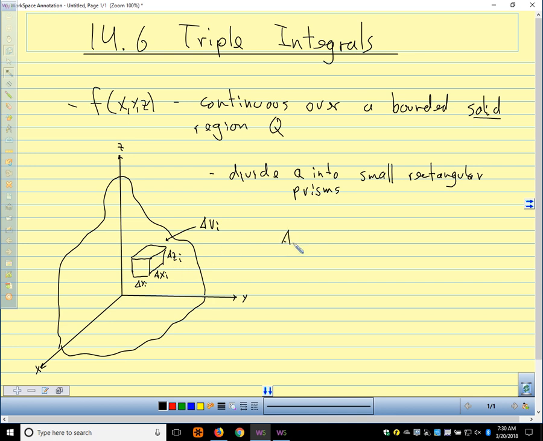So delta V sub i is base times width times height. And we're going to say that x sub i, y sub i, z sub i is a point inside the prism.